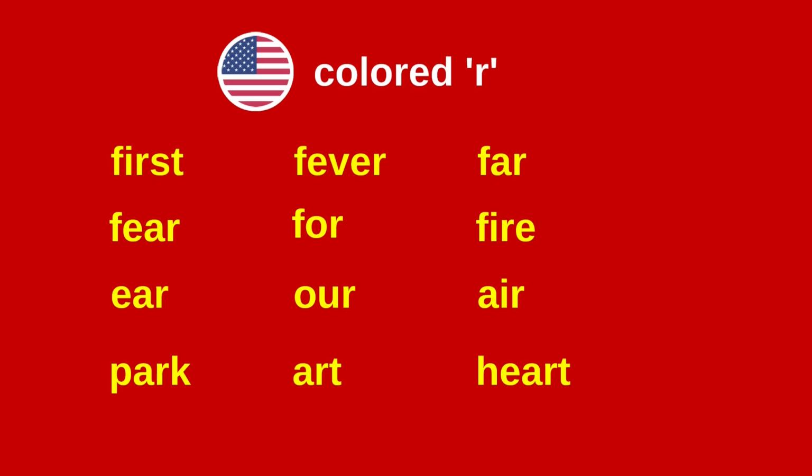My pronunciation here may not help you that much, because English is my second language as well. So I'm not that used to these colored R sounds in my pronunciation. But anyway, for the purpose of teaching this to you, I will try reading these words in the British way first and in the American way second. So let's pay attention to the R sound. And again, listen to the native speakers.